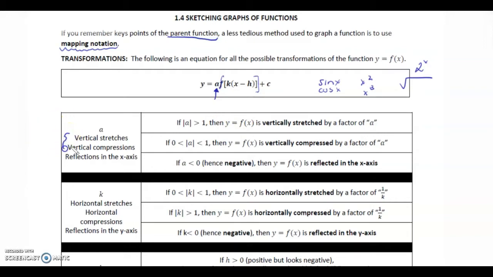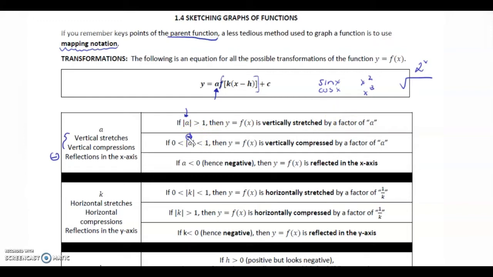It's either going to be a vertical stretch or a vertical compression, and if it's negative, it's going to be a reflection in the x-axis. So if the absolute value of that number, not including the plus or minus sign in front of it, but just the actual numeric part, is greater than 1, then our function is vertically stretched by a factor of a.